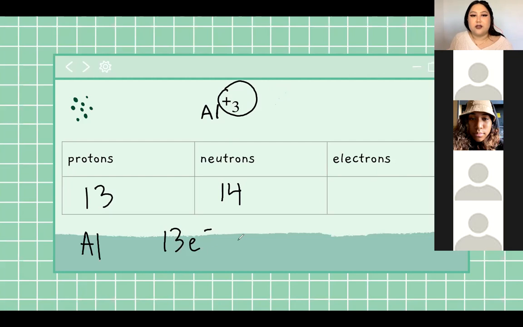We lost 3 electrons. So yeah, correct, Iris. There are 10 electrons left in this ion. Any questions on how we got this? Iris, if you were wondering, you could also set up your equation like that. It's the same thing. Anything else for this question?